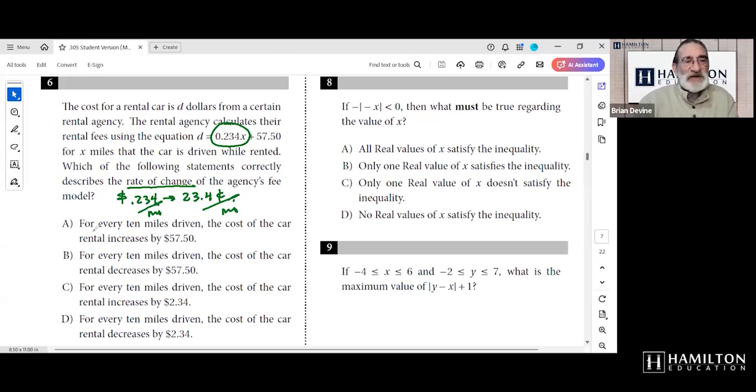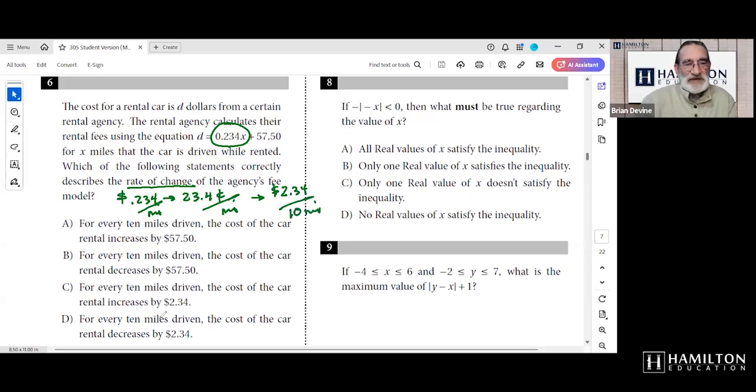Well, as I look at the answers, I see for every 10 miles, well, then if I go 10 miles, that's going to be 10 times 0.234, which is 2.34 for 10 miles.